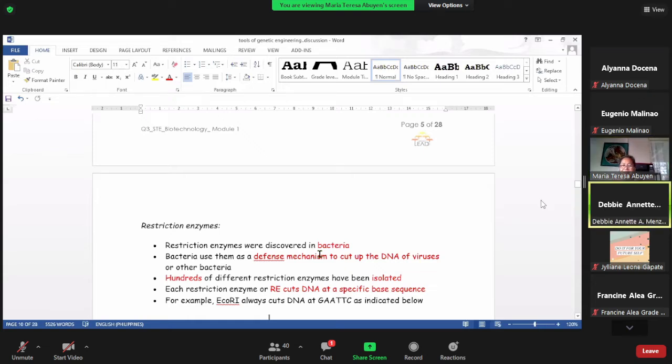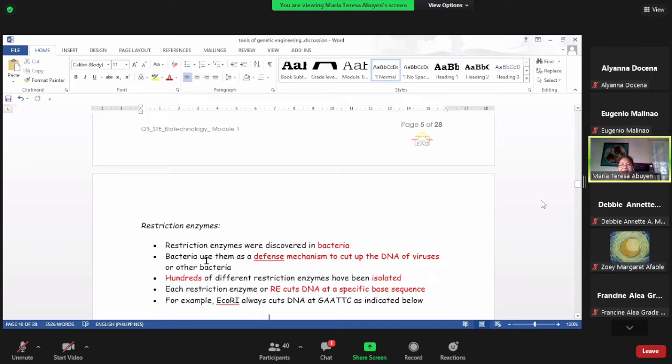Virus. A virus, very good. The virus that attacks or infects bacteria. So they attack the bacteria, and since bacteria are their target, the bacteria have a defense mechanism so they will not die.